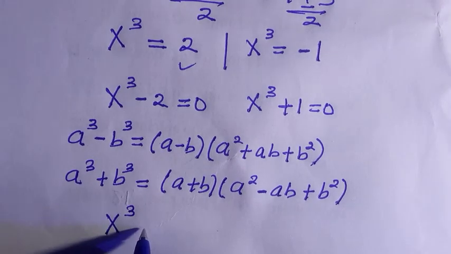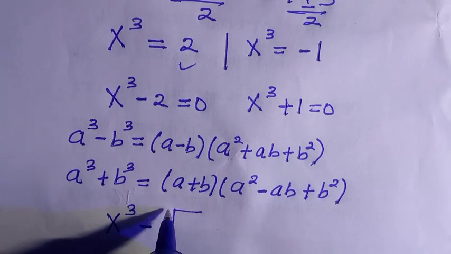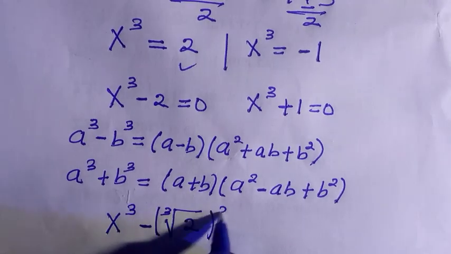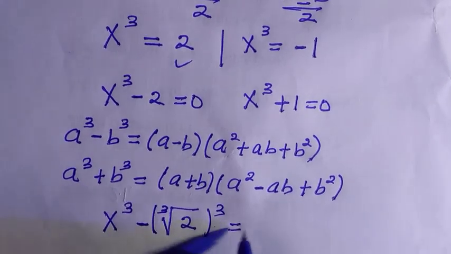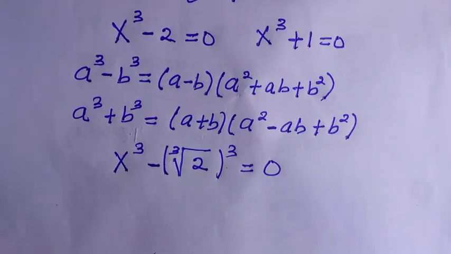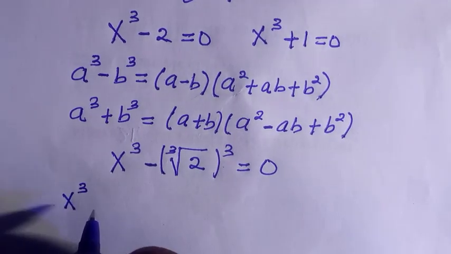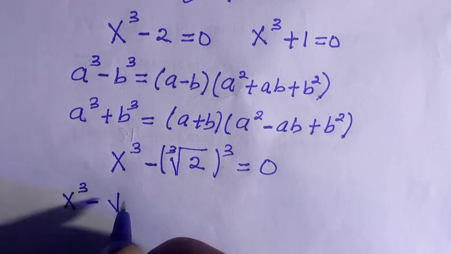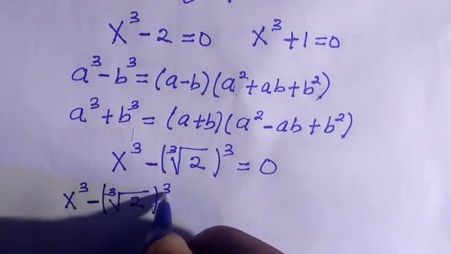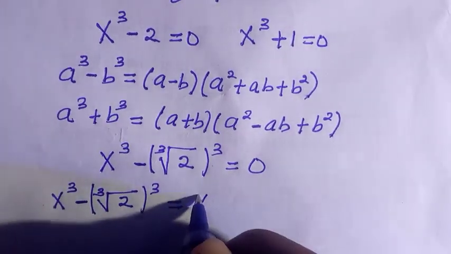If you have x raised to power 3 minus, but if I write 2 as the cube root of 2 all raised to power of 3, it's still the same thing as 2. So we have all equals 0. And by applying this, we have x raised to power 3 minus the cube root of 2 all raised to power of 3 equals, we know our a is x and b is the cube root of 2.